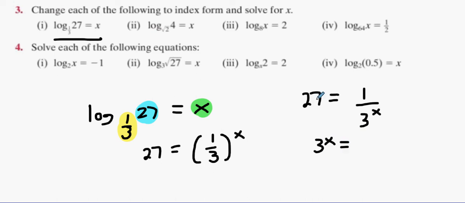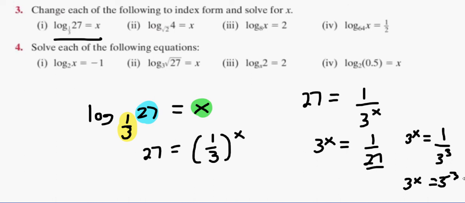Bring the 27 from top left to bottom right. Then what do I do? Change 27 into 3 to the power of 3. And 3 to the power of x equals 3 to the power minus 3. X equals -3.